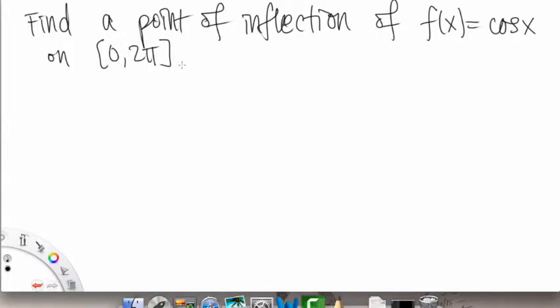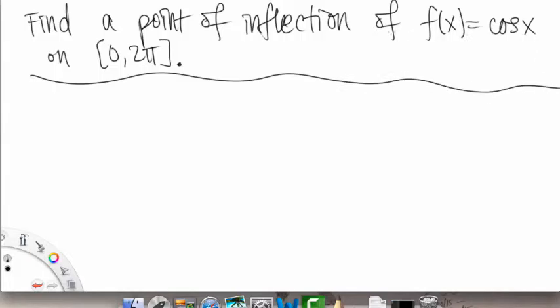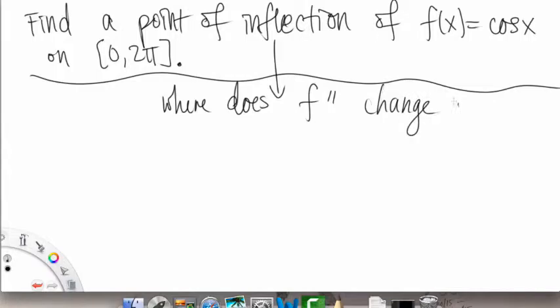A point of inflection, just to refresh, is basically where our second derivative, f double prime, changes signs. So that's what we really want, change signs.